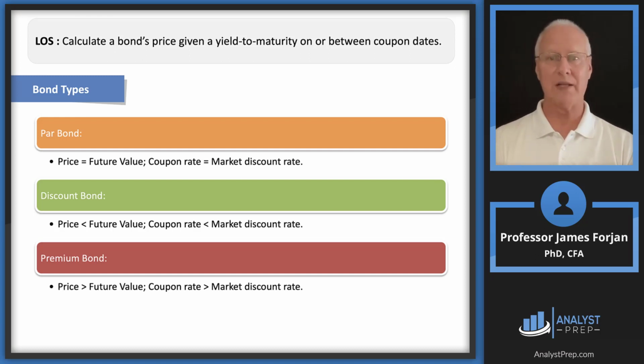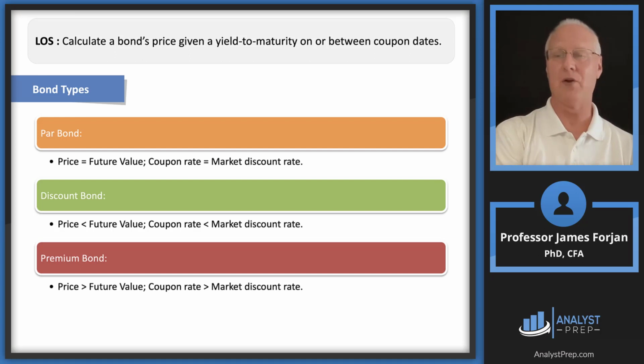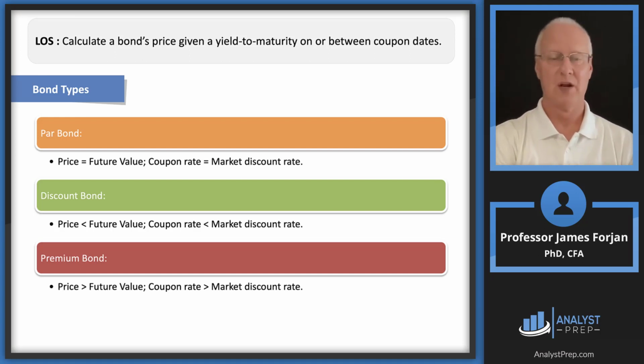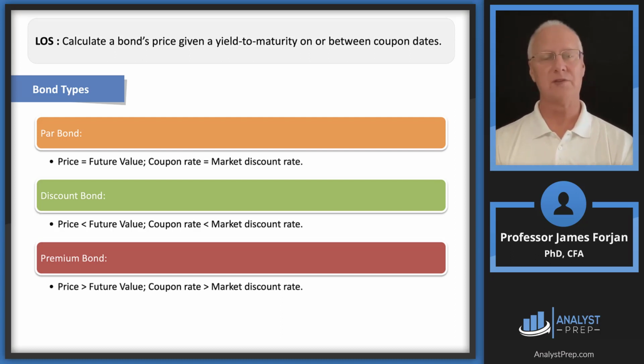So if the coupon rate is, let's say, 10%, and the current borrowing rate has gone up to maybe 11% or 12%, that means that bondholders are willing to pay less for that bond, which is a bond that sells at a discount. On the other hand, if the coupon rate is 10% and the current borrowing rate, the market discount rate, has fallen to 9 or 8%, then that bond price will exceed $1,000, and we call that a premium bond.